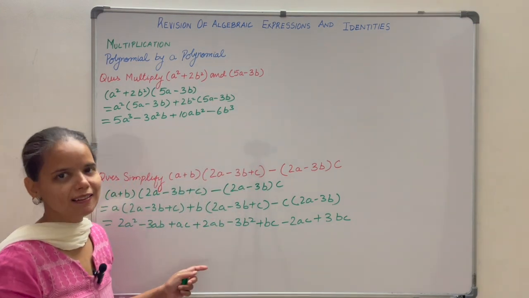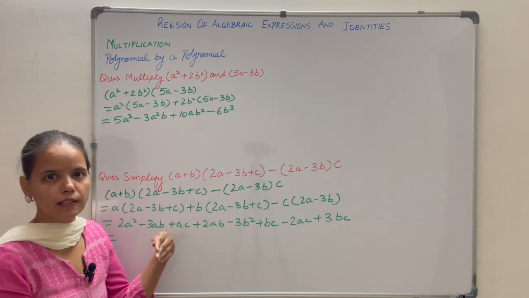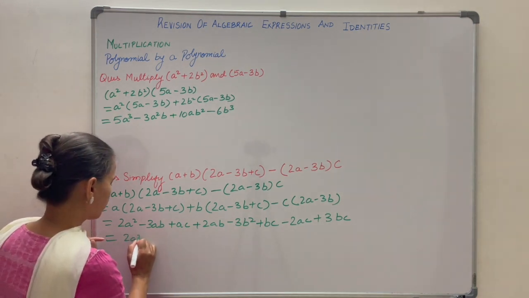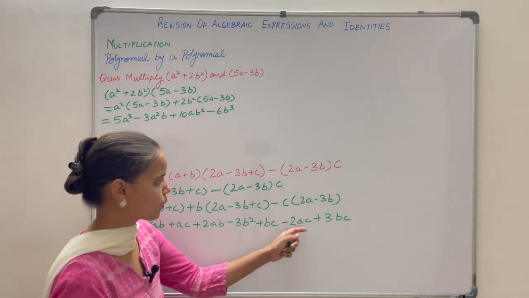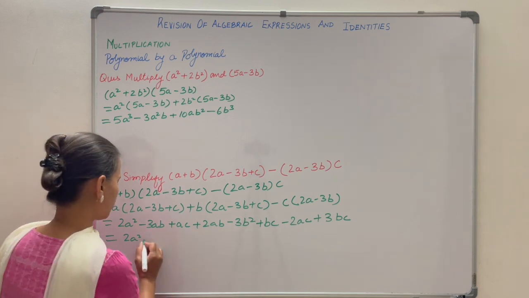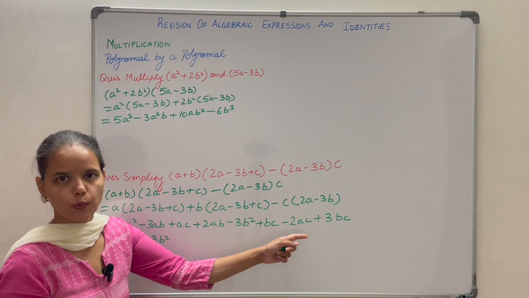Now let us group the like terms. I am going to arrange this in decreasing power of the variable. So first 2a square. Do we have any other a square here? No. Then minus 3b square. We don't have any other b square.